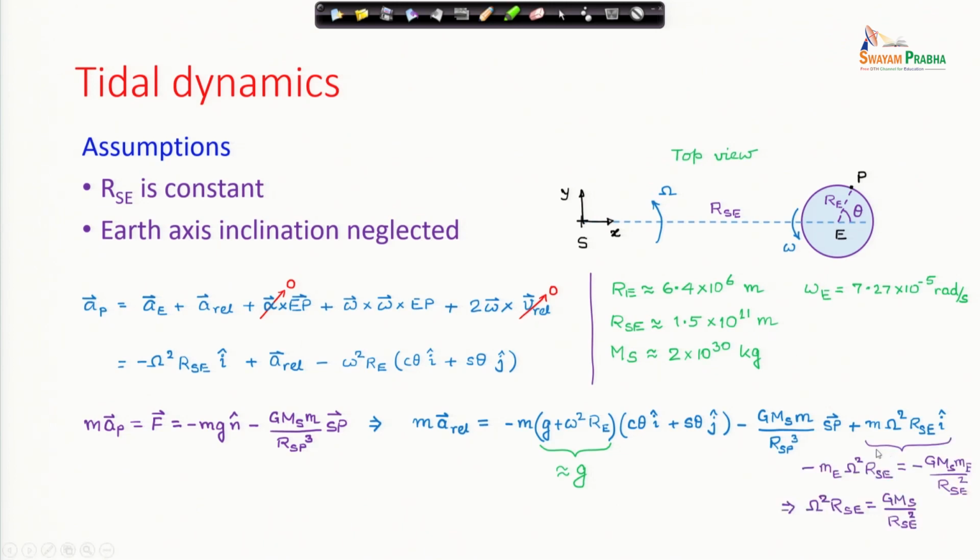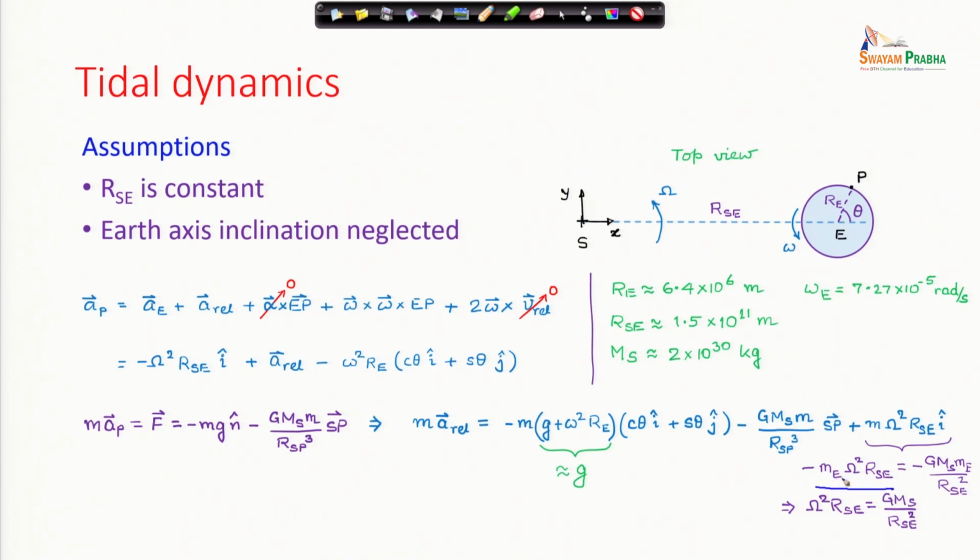This term, last term, mass times omega of the earth around the sun square into r SE. Now, this expression I can write in terms of, by equating the centripetal acceleration of the earth. This is the centripetal mass times centripetal acceleration.